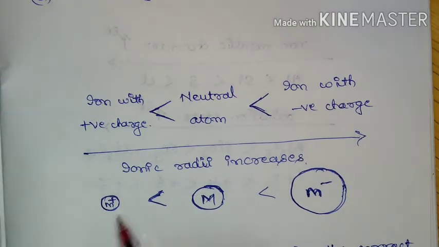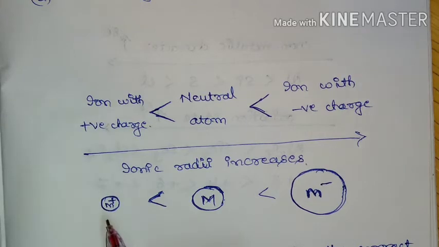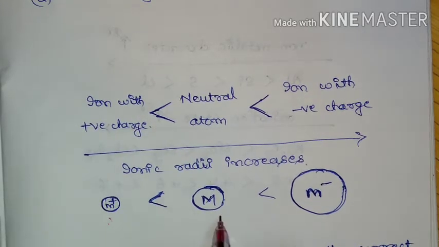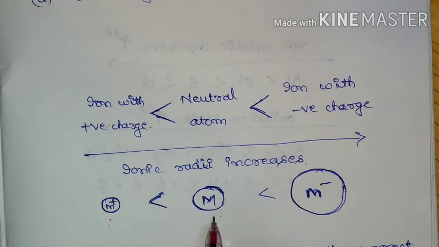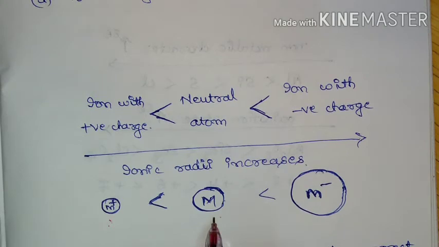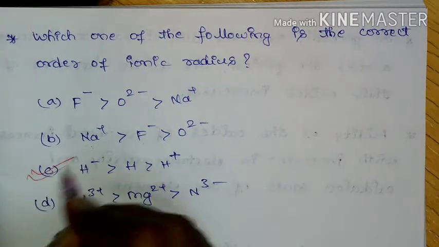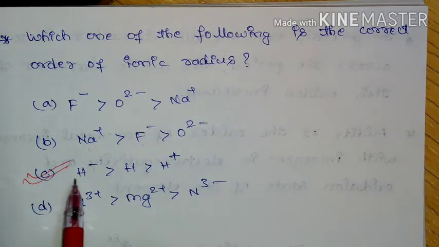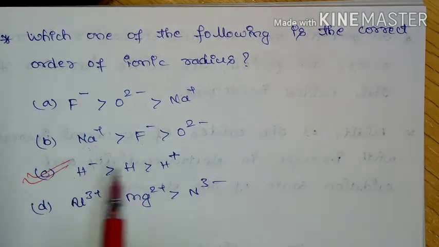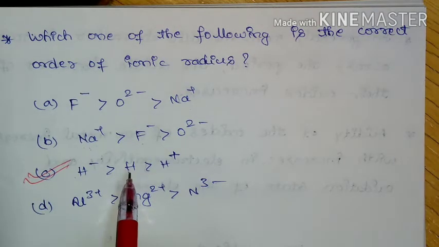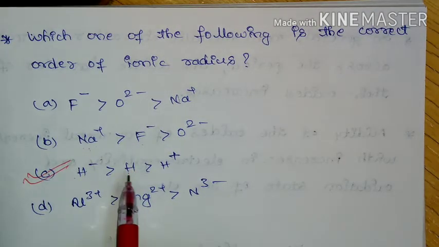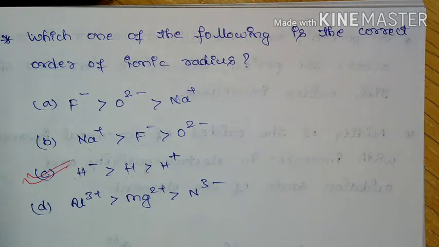Option C will be correct. Here H minus is going to have greater ionic radius than the neutral H, which in turn has greater ionic radius than H plus.